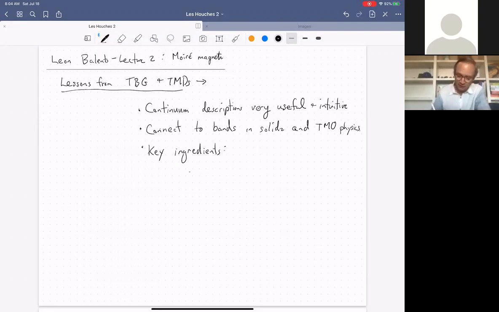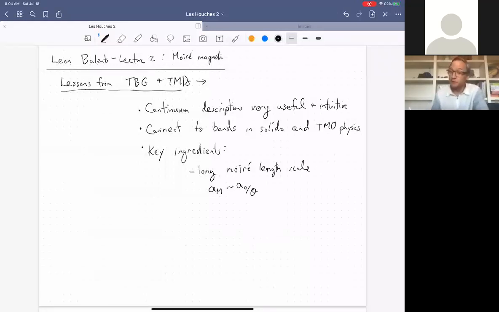So in this case, a key ingredient is a long Moire length scale, which is the Moire superlattice period, A Moire, which is like the microscopic lattice constant divided by, for example, a twist angle theta, which is much bigger than the atomic lattice constant.